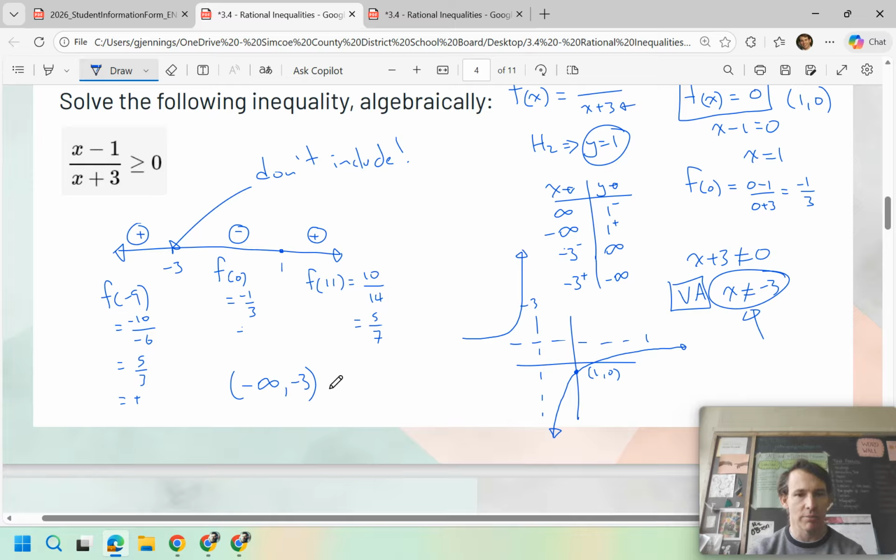X cannot equal -3. But then we also have the union of that and inclusive 1 to positive infinity. The reason we include 1 there is because 1 is absolutely a point on this graph where x is allowed to be, and we were told this function wants to be greater than or equal to 0. And so that's how our solution would look in that case.